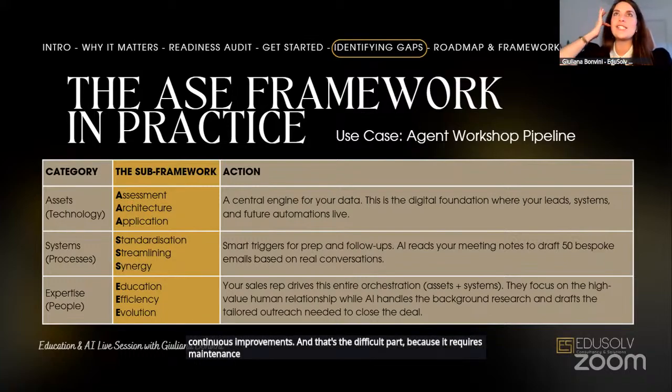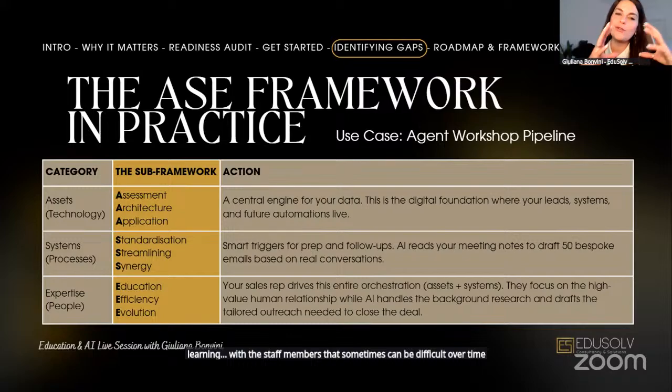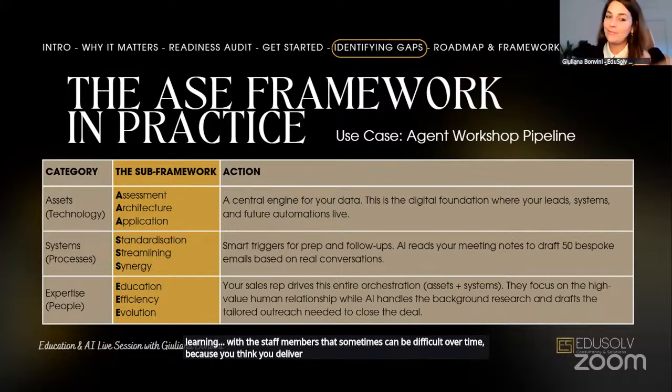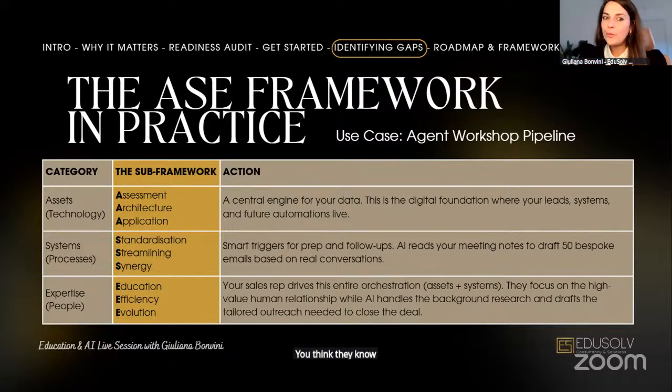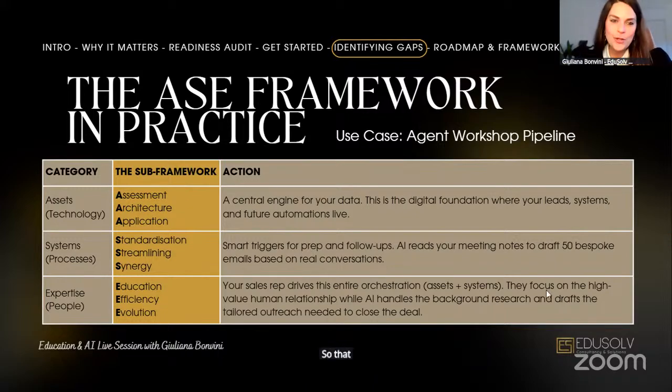Yeah, it requires maintaining that level of learning with the staff members that sometimes can be difficult over time, because you think you deliver the training, you think they know it, but then a few days later, that's not what it is. Yeah, so I see that as a big challenge for many schools. So that has to go into your checklist.